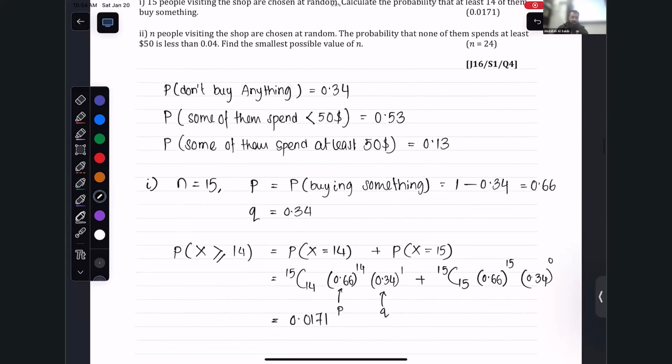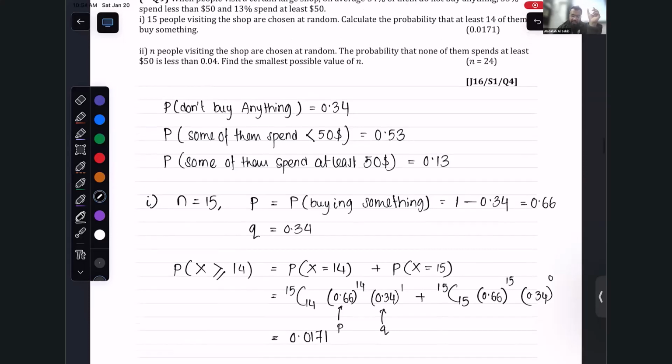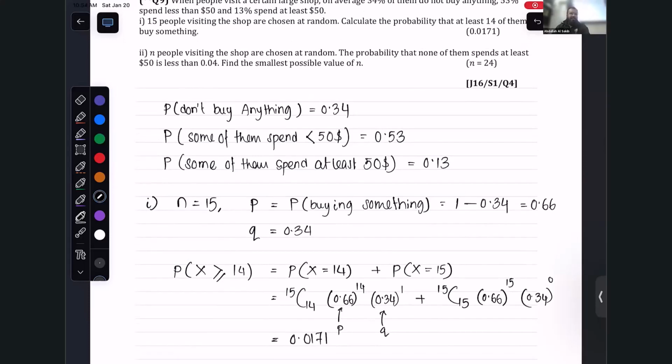N people visiting the shop are chosen at random. Now I don't know how many people were at the shop. The probability that none of them spend at least $50 is less than 0.04. Reading this line, what is the probability of success here? 0.53?